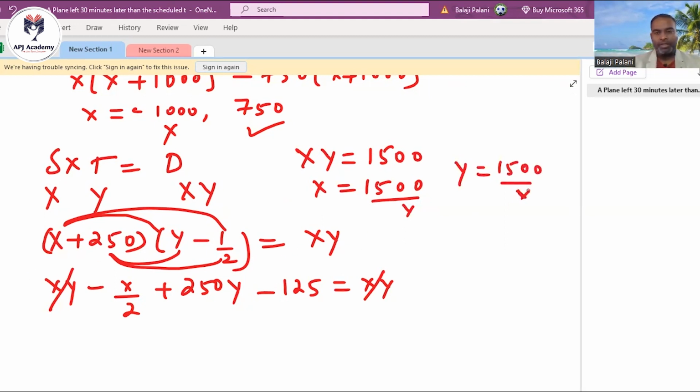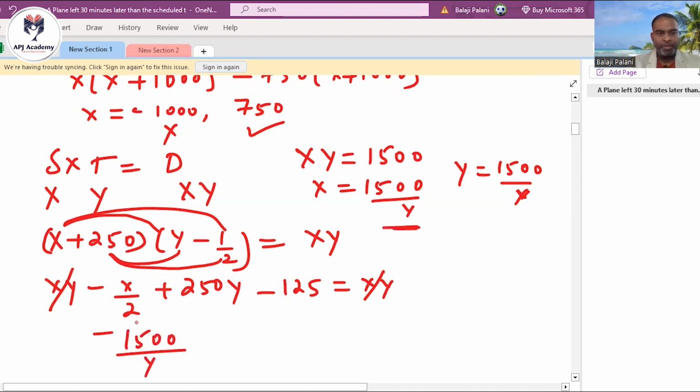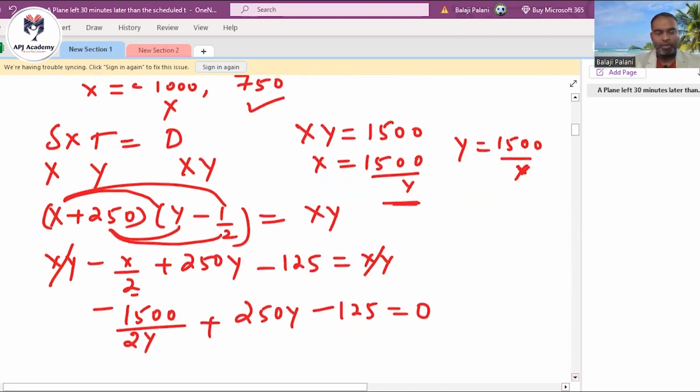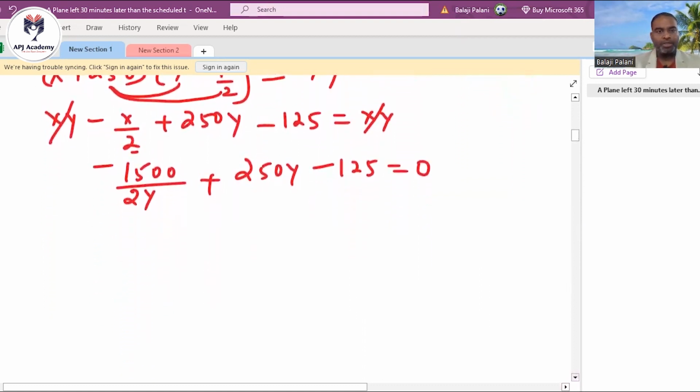Okay, so in the term நம்மளுக்கு வேணுமோ அதை வந்து we can replace it here. So I'm just going to replace x in terms of y. So this is minus 1500 by y. x என்றது 1500 by y, but I have a 2 in the denominator, so I'll place the 2 here already, plus 250y minus 125 is equal to 0, because the xy's on both the sides cancel ஆயிடுச்சு, so 0 மட்டும் தான் நமக்கு இருக்கு.